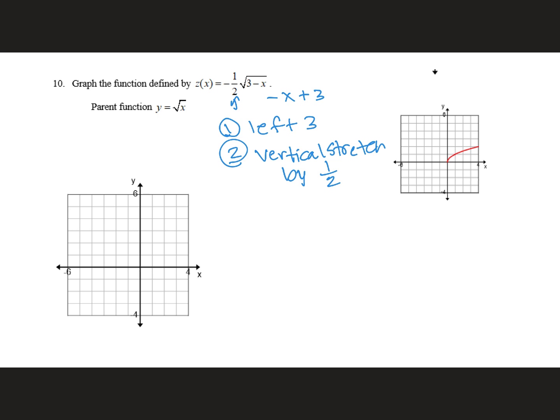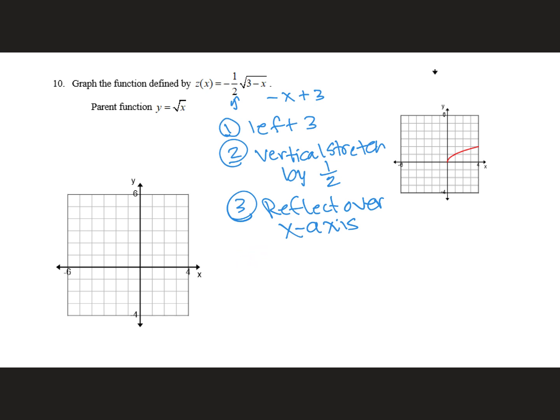That means all my y values are getting multiplied by 1/2. Then I need to reflect over the x-axis because that is negative times the parent function. And then I don't have any other shifts, so that's it. I'm done. Those are my shifts. I don't have a number 4.